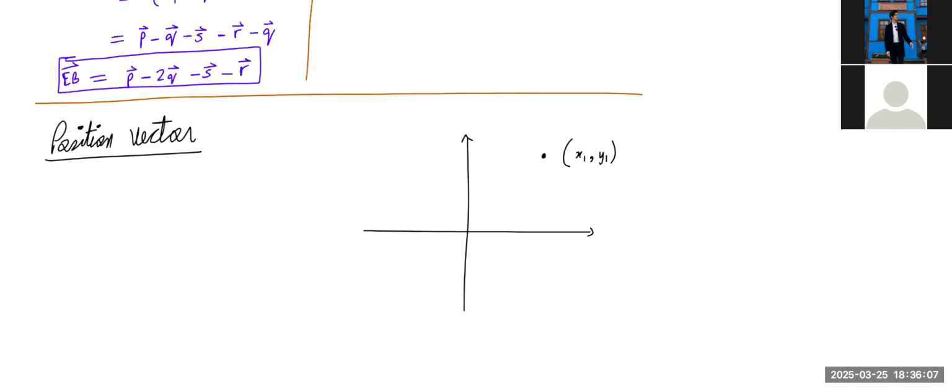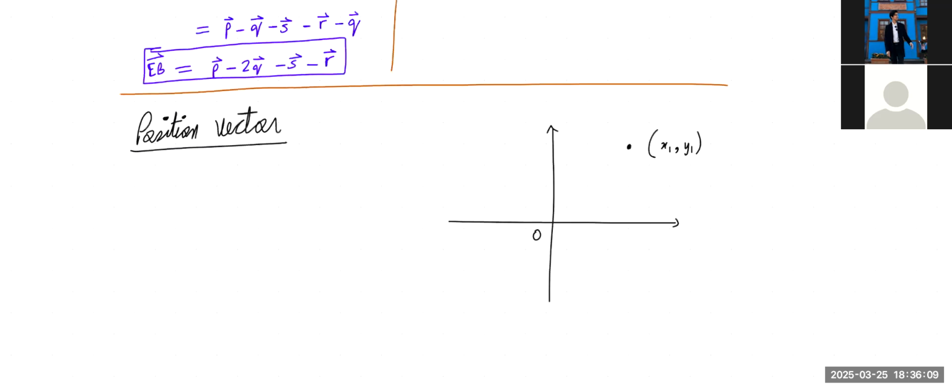A position vector is basically a vector that tells you about the position of a point. How? By showing you the vector that goes from the origin to that point. So this is called the position vector of A. A line or a vector, sorry, that goes from O to A.